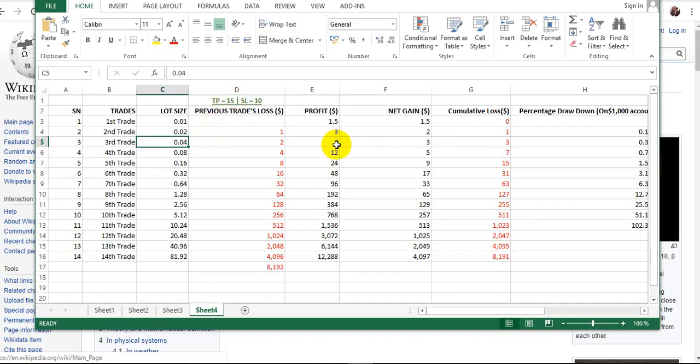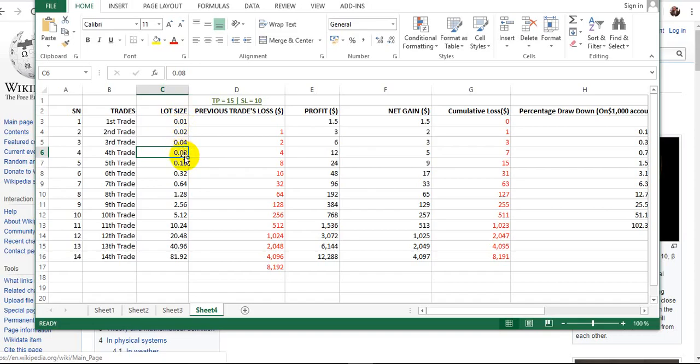So here we subtract cumulative loss from our profit. Our net gain is $3. The same thing happens here. We multiply 80 cents in the event that we lost all these 3.